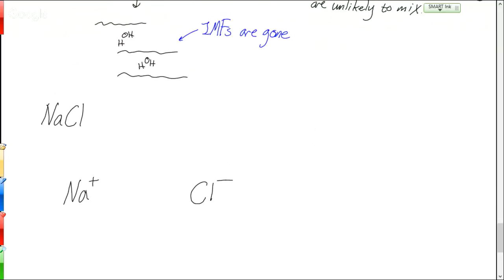Sodium is a positive ion, so we would expect water molecules to all orient themselves with the negative side toward the sodium. Because we know that there's a partial negative on the oxygen and a partial positive on the hydrogen. And so we would expect these kinds of attractions toward there, which is what happens.